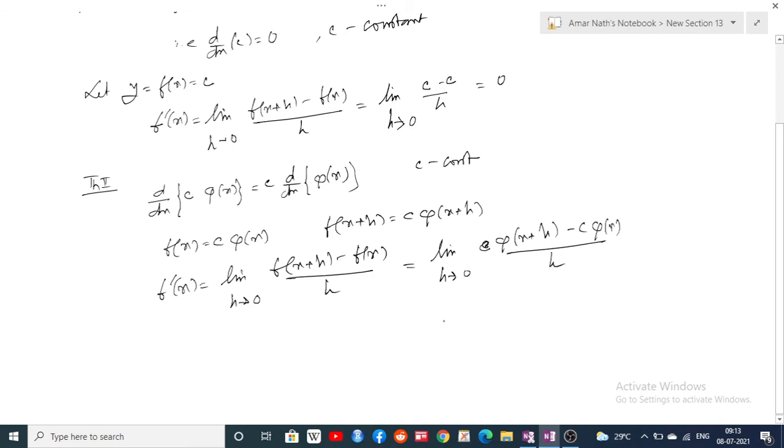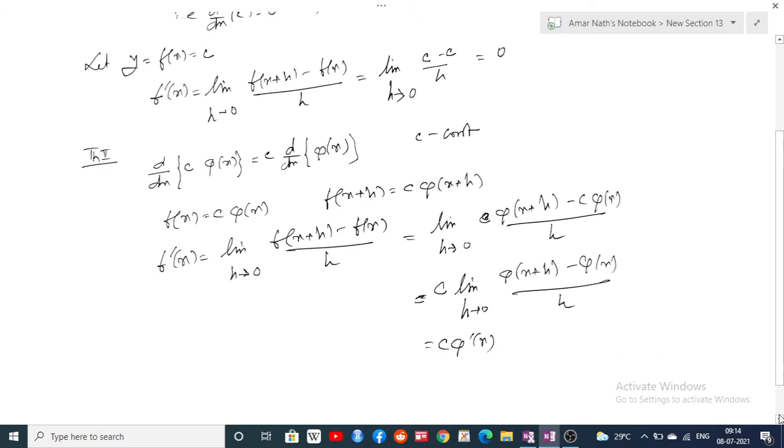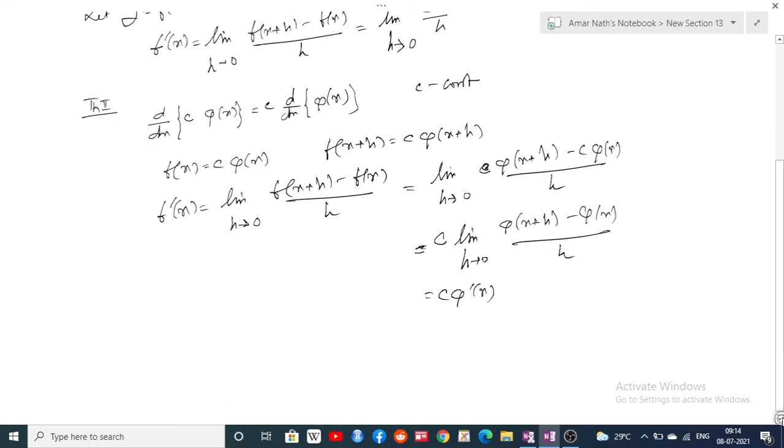Taking c as a common term, since c is a constant and independent of h, we get c times limit h tends to 0 of phi(x plus h) minus phi(x), divided by h. We can write this as c phi dash x, and our result is proved.